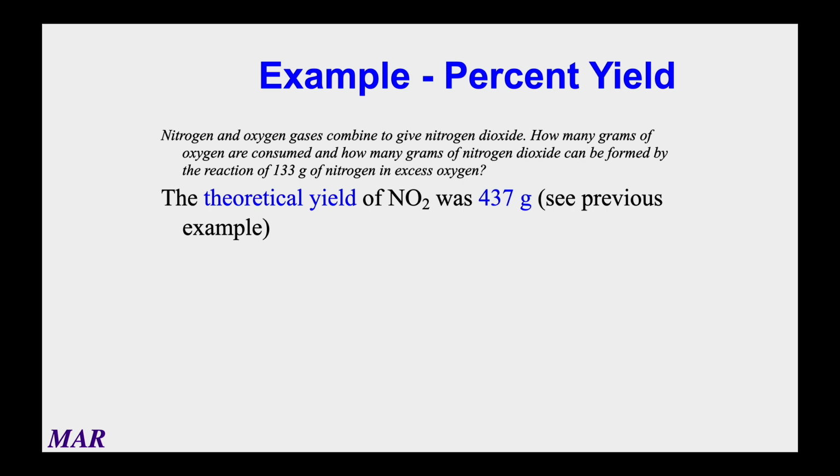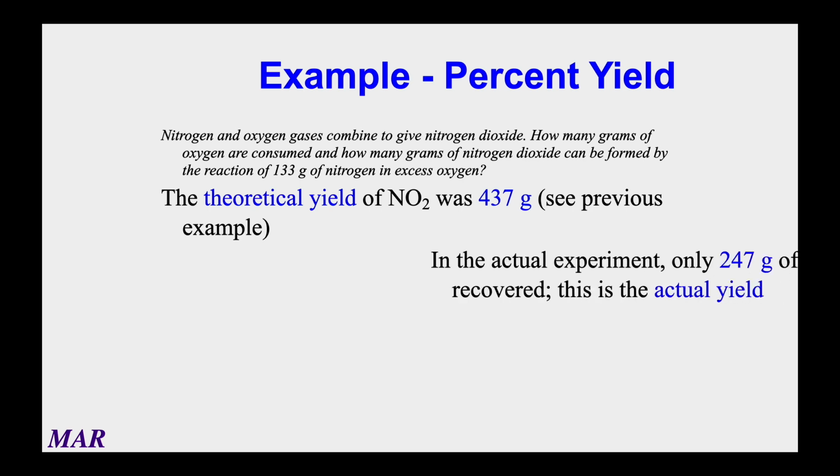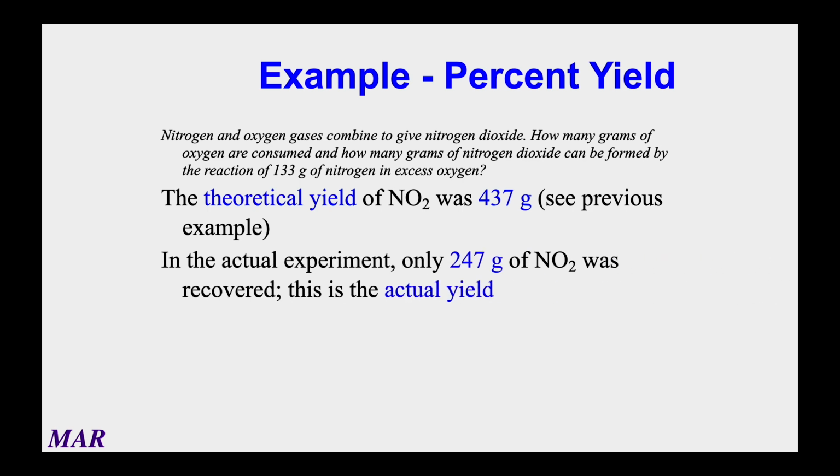That represents theoretically how much NO2 we should get out. However, for whatever reason, we only got 247 grams of NO2 out. All right, and this is something you have to measure in the experiment. This is what they call the actual yield. We didn't calculate anything, but we did the experiment, and this is how much we got out.